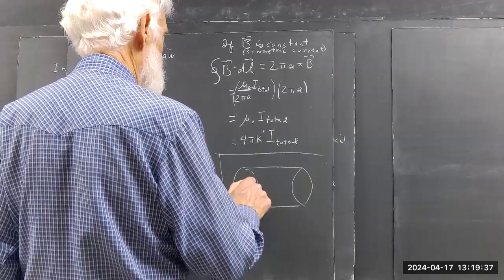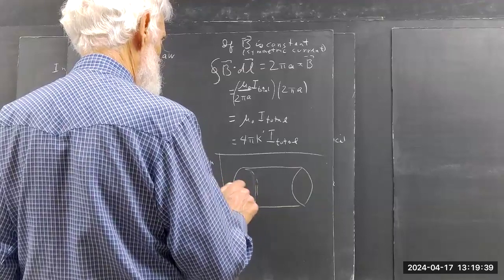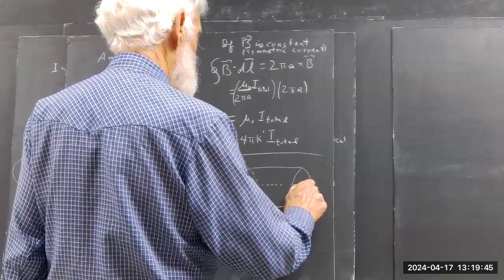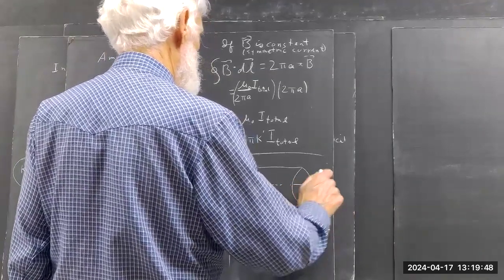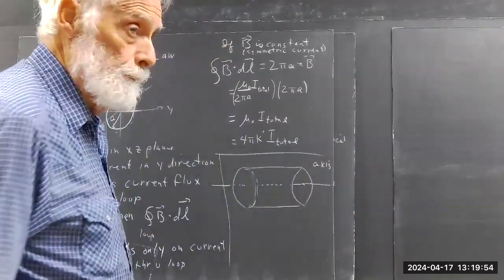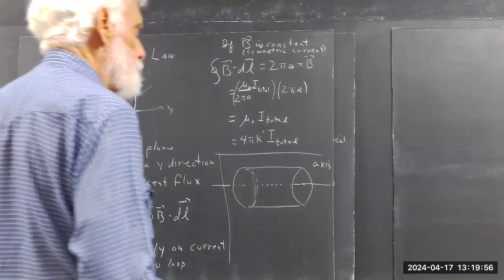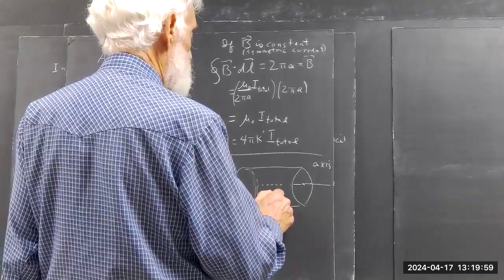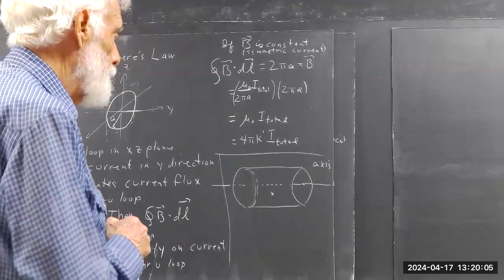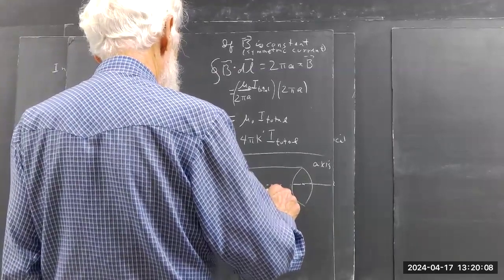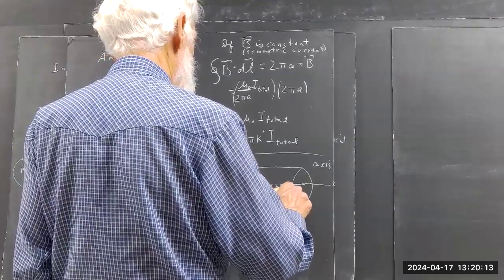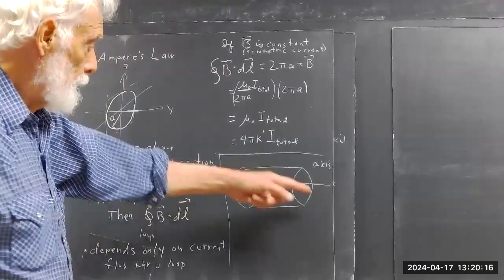Then you have your axis of the cylinder, and you want to find the magnetic field at this point, which is at a distance of a from the axis.